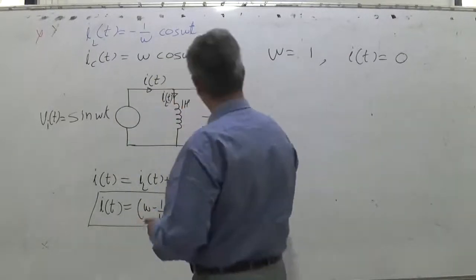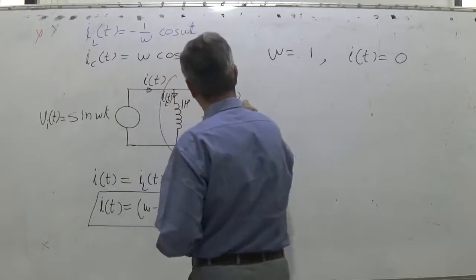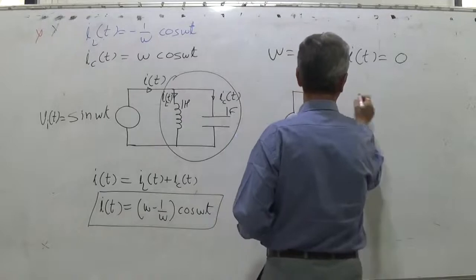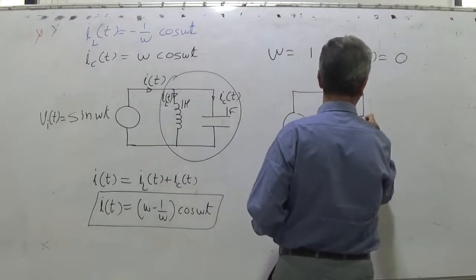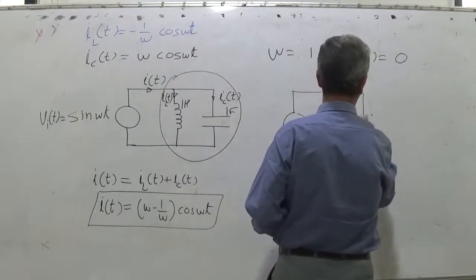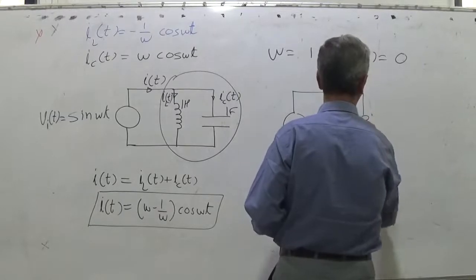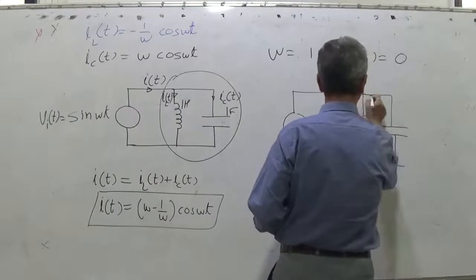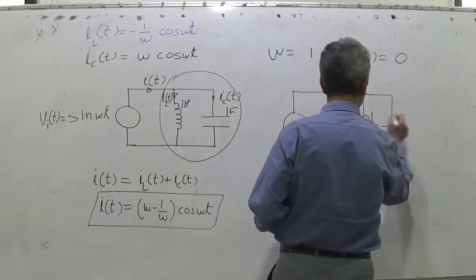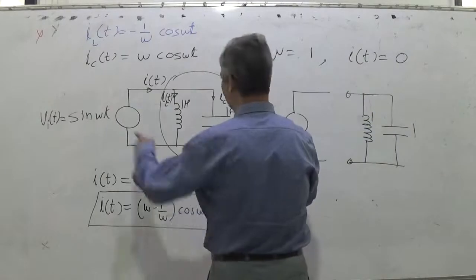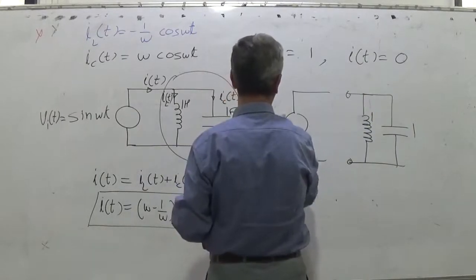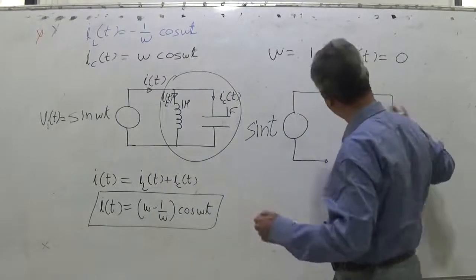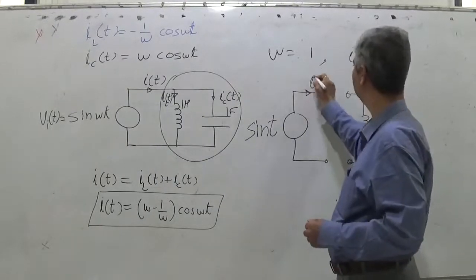So if I have a parallel combination as a load, and I apply sin t here and connect this, the current would be 0.